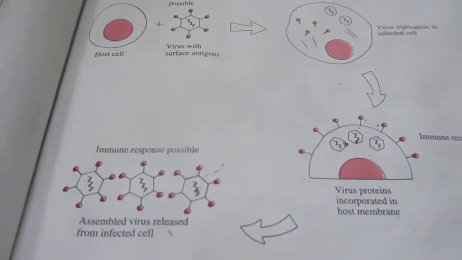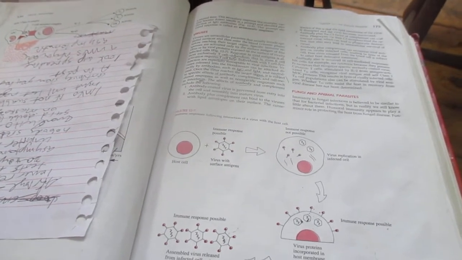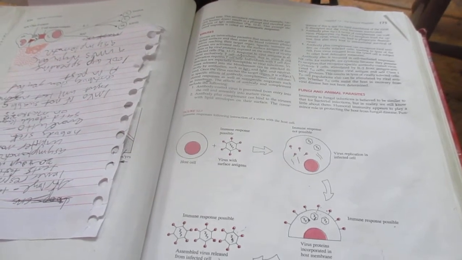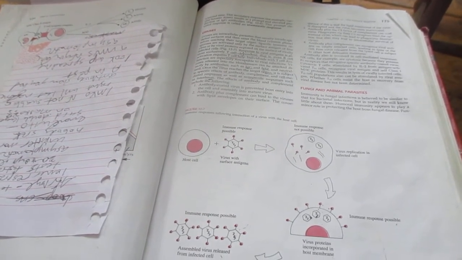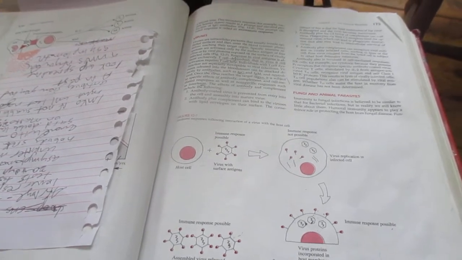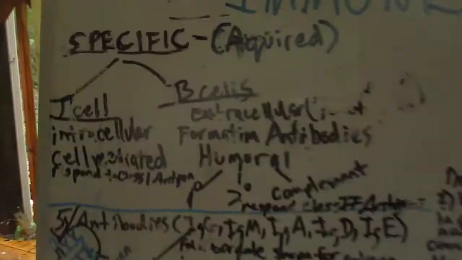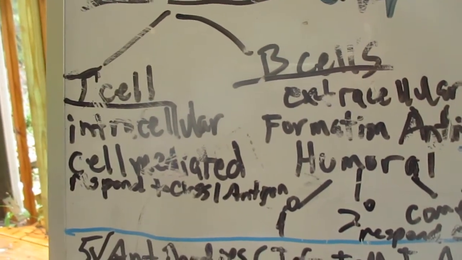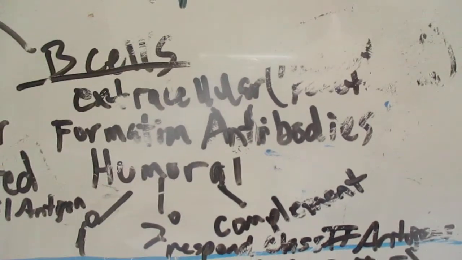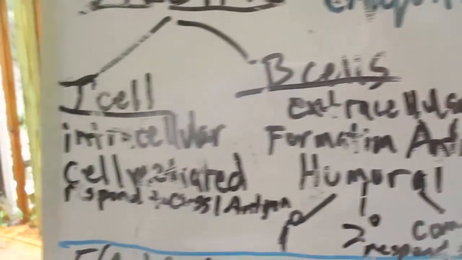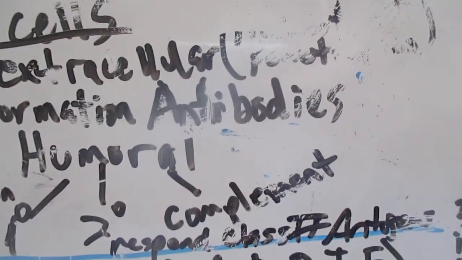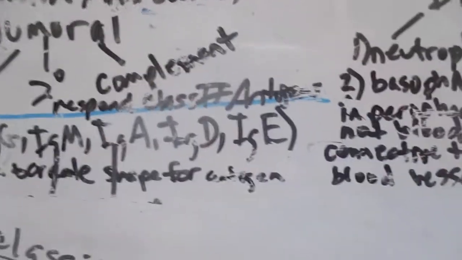So, once the virus penetrates the cell, the former is protected from any antibodies that may be circulating around the blood. So remember I said that under specific immunity, T cells are intracellular and the B cells are outside the cell. So once the virus gets inside the cell, it's immune to the B cells, which are your antibodies.